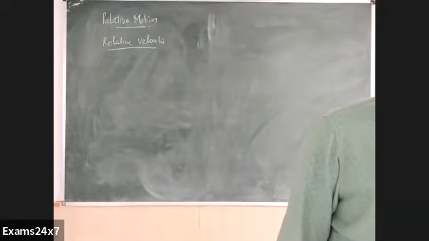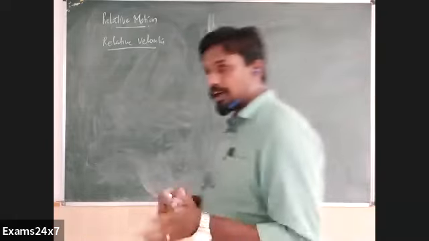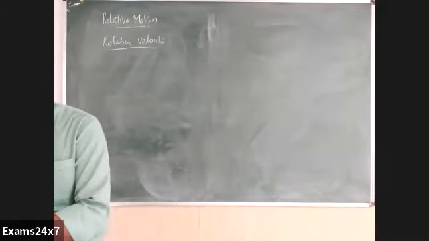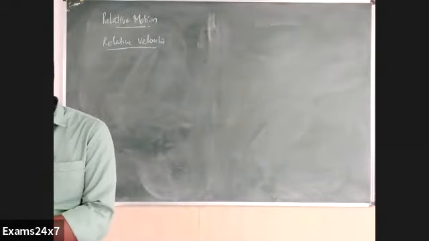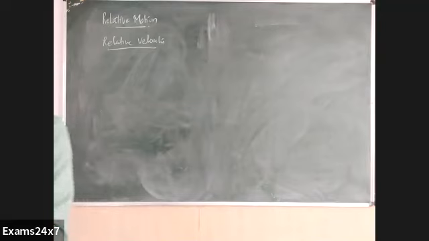Clear? So it is relative. I may have another point of reference, which may have velocity or acceleration. If I want to find the velocity of an object with respect to another, the velocity of this object is understood by considering the reference, that is, the velocity of the other object. Clear?